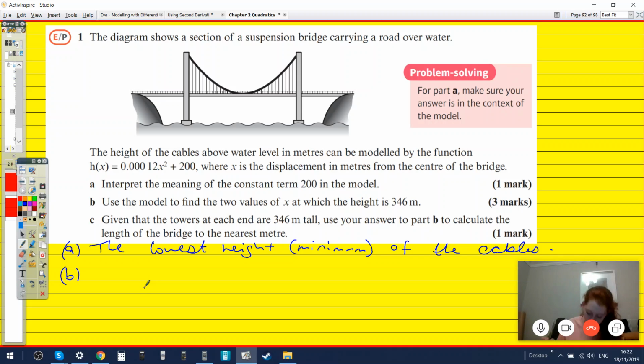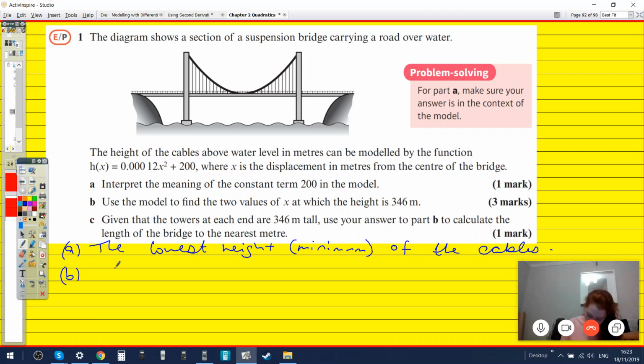Correct. So in the equation where the 200 is, I'll be minusing 346 from that.